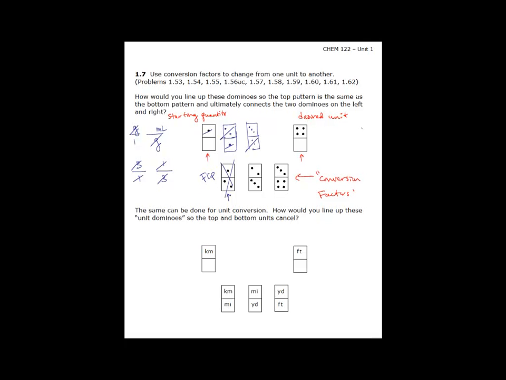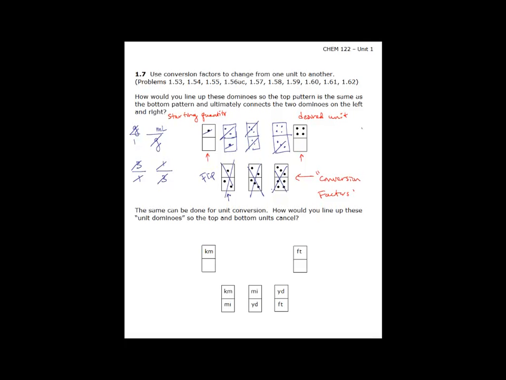So now these cancel out and I'm in 3 dots. But I'm not quite to 4 dots yet. So then I need to multiply by this conversion factor. It has 3 dots here and 4 dots here. And those cancel out. So I have effectively converted my domino from 1 dot to 4 dots using these conversion factors.